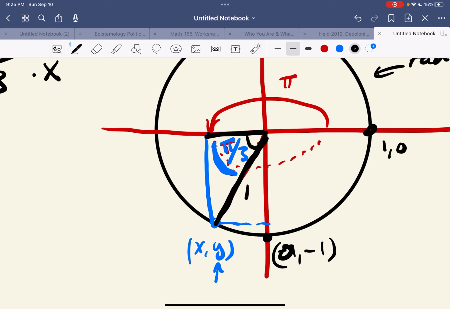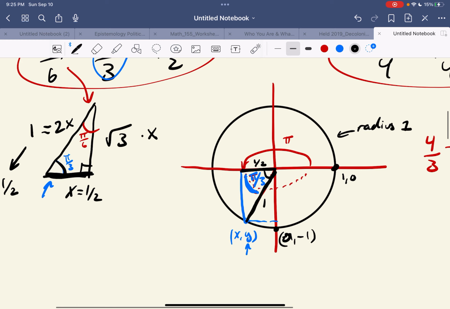The leg that touches it right here, this is 1/2. And then the other leg, which I'll emphasize in blue, this leg right here, it's the one opposite our angle. Its length is going to be √3 times 1/2, or √3/2.